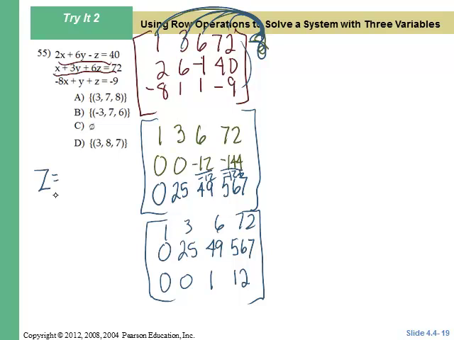Z is 12. That's not even one of our choices. We must have made a mistake here.